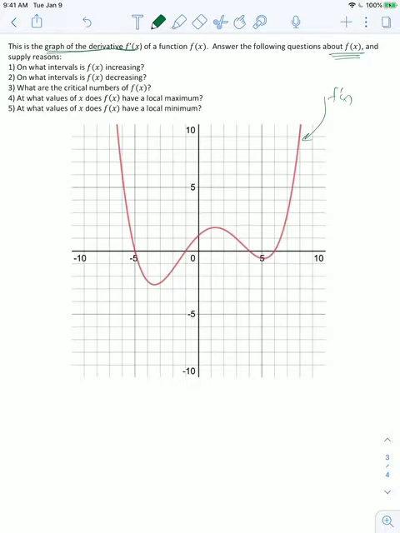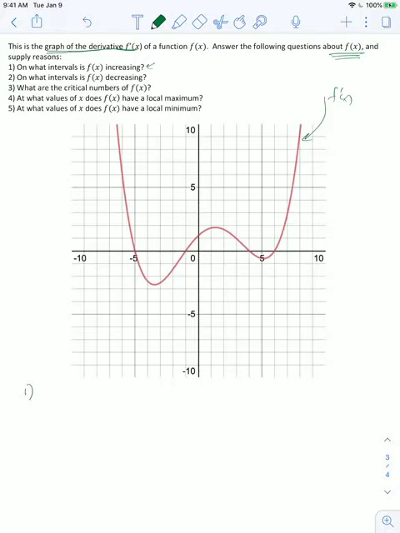On what intervals is the function f of x increasing? Let's see if we can answer this question and give reasons. I'm going to talk through it first, and then I'm going to write a little bit more succinctly.